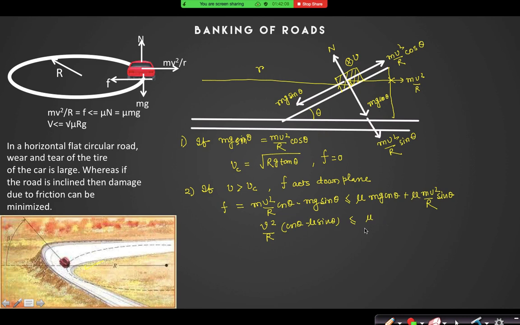Okay, g I can take common. g into mu cos theta plus sin theta. So can I get a maximum value of v in this case, which is root of rg into mu cos theta plus sin theta divided by cos theta minus mu sin theta? Yes or no?